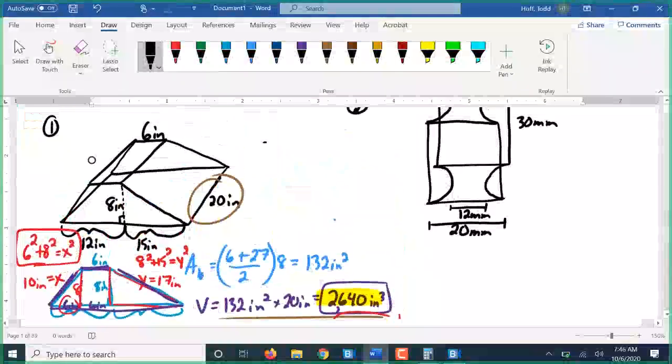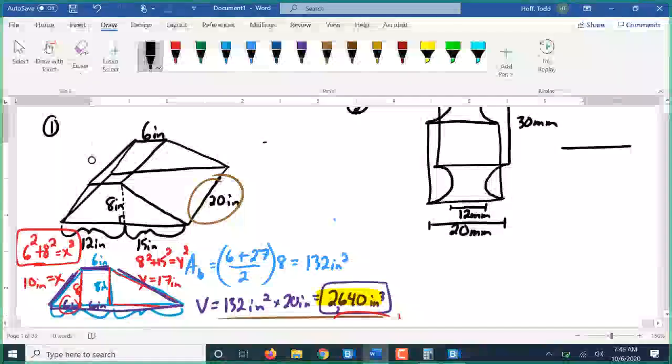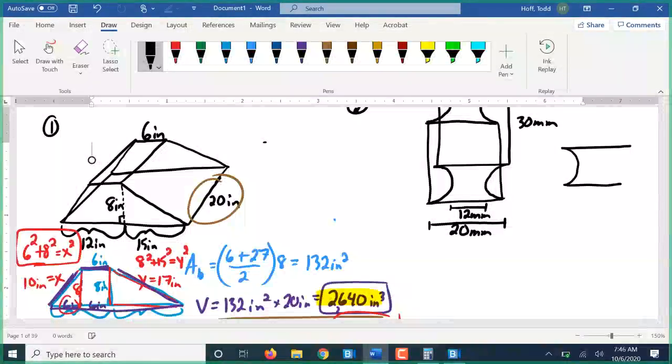Number 2, again, it might be helpful to redraw our base. Oh, it should be the same on both sides. Let me try that one more time over here. That's a little bit closer. So our base here is a rectangle that's 20 millimeters in length with half circles cut out of the sides.